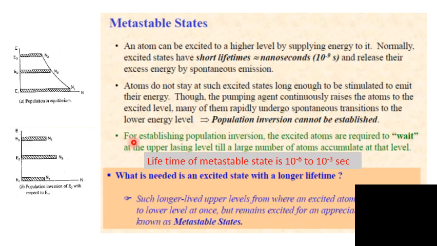Okay, what is next? For establishing population inversion, the excited atoms are required to wait at the upper lasing level till a large number of atoms accumulate at that level. So we want a high population over there. When the first electron comes from this state to this one, it has to rest over here until most of the electrons come up to this level.